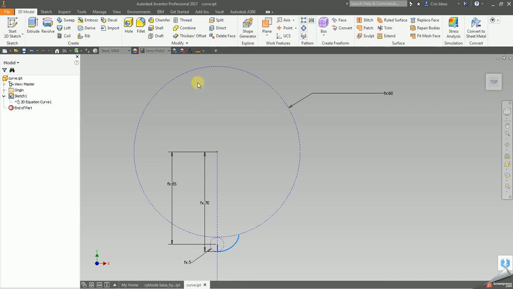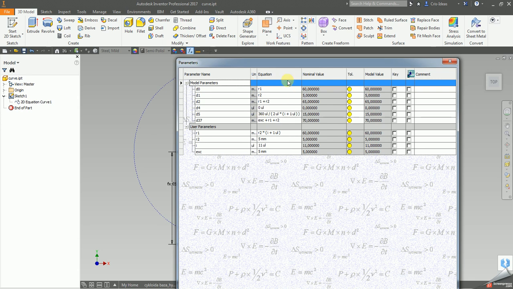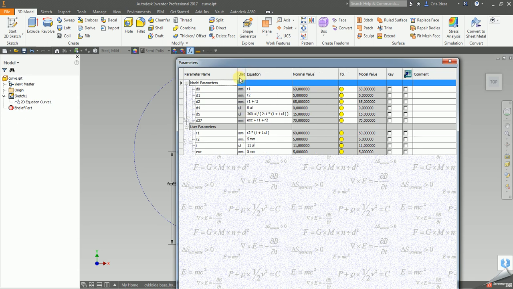So first of all, I have this defined parametric model. In the parameters, I have R1, R2, E, that is the ratio for the gear, and eccentricity.